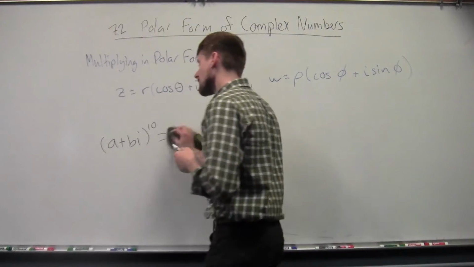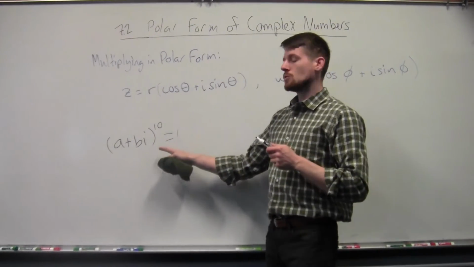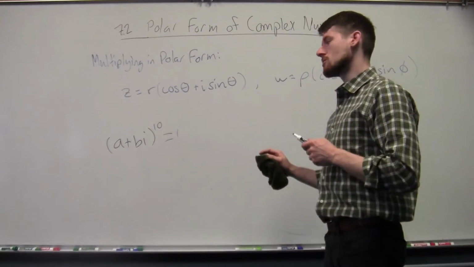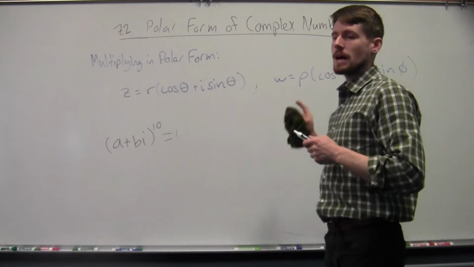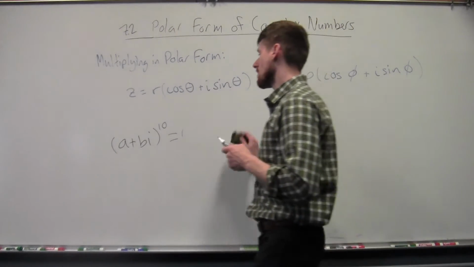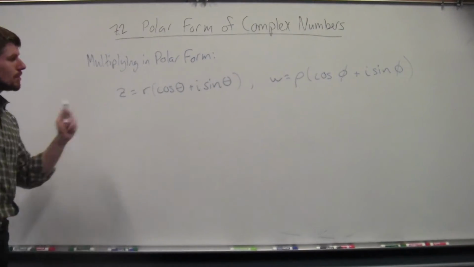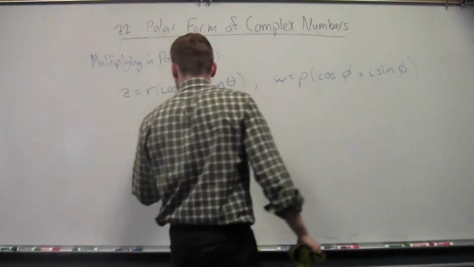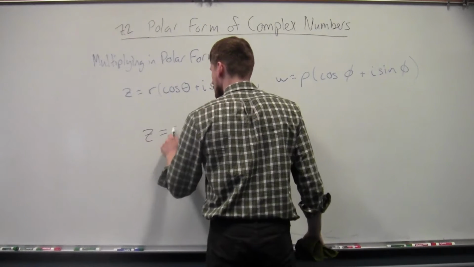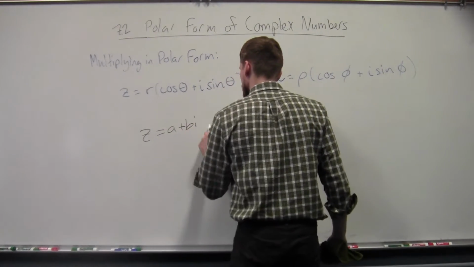Turns out there's going to be a really nice way to raise complex numbers to certain powers that falls out from learning how to multiply in polar form. When we multiply two complex numbers in Cartesian form, we have to distribute.